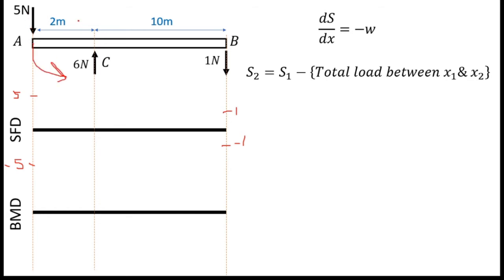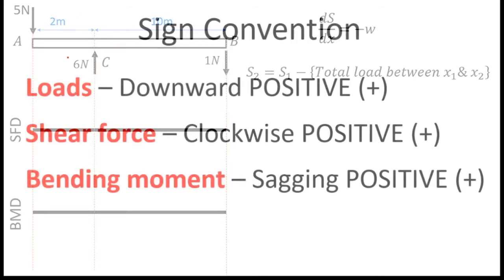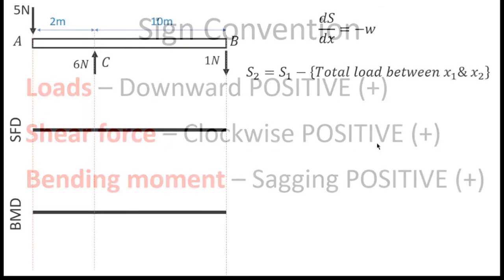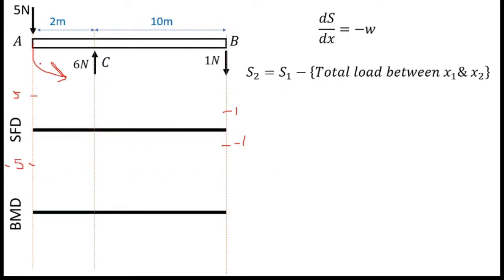So that means that is counterclockwise direction. So our sign convention says shear force clockwise positive. So moment due to this force counterclockwise, that means it is negative. So this is our value. That means I can delete this plus value. That's how we determine the sign of these values.